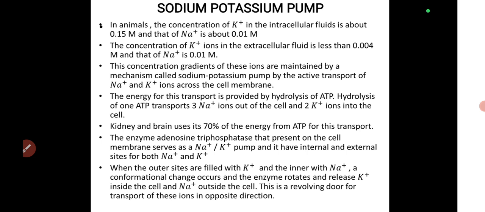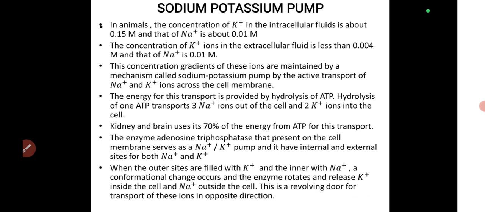In animals, we don't have a cell wall, we have a cell membrane. So this enzyme is present in the cell membrane. When Na plus and K plus ions are attached with the enzyme, it rotates by 180 degrees. So those inside the cell will be outside, and those outside the cell will be inside. It is called eversion, that will be discussed in detail.